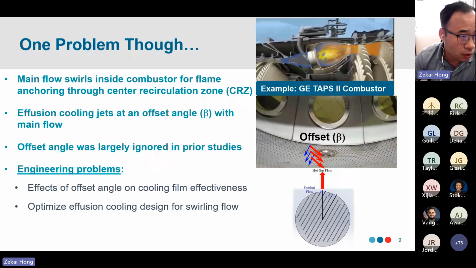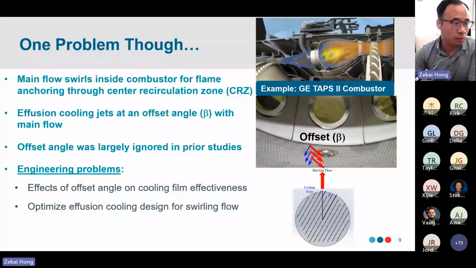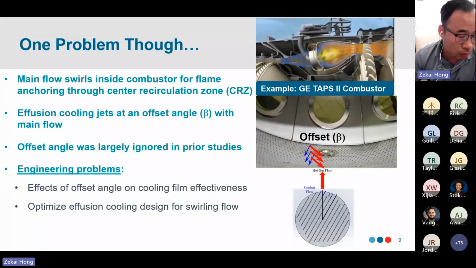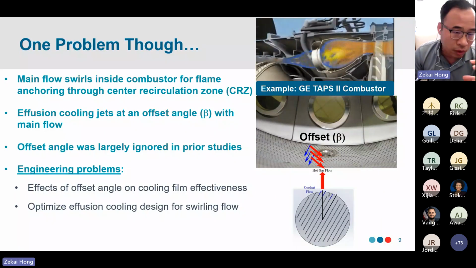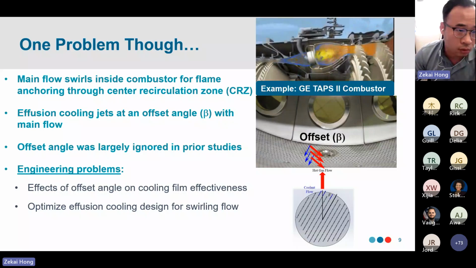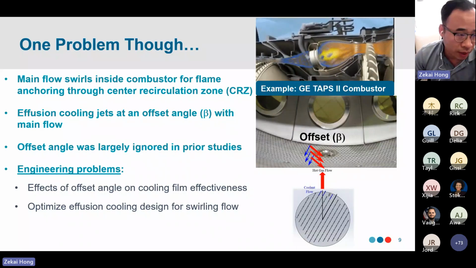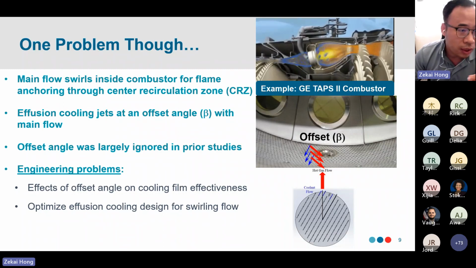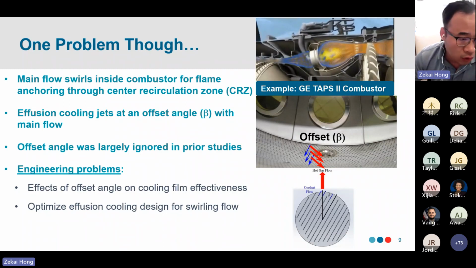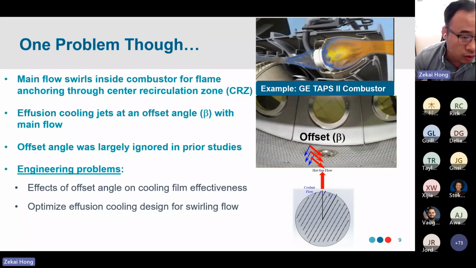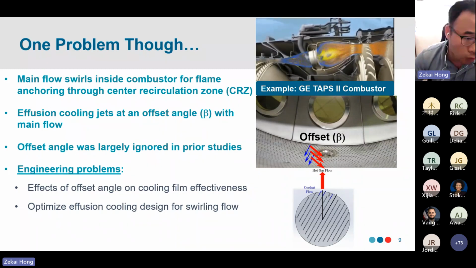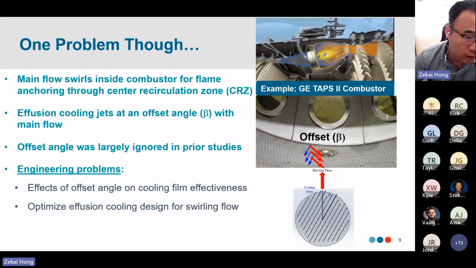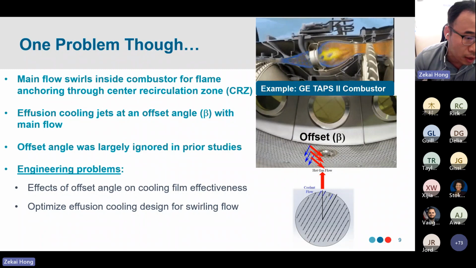The first thing we want to look at from an effusion cooling perspective is that all modern aero engines have a swirling combustor, meaning that the main combustion products are swirling inside the combustor. But the effusion cooling holes are essentially collinear with the axis of the combustor, so we have an offset angle, or compound angle, beta.